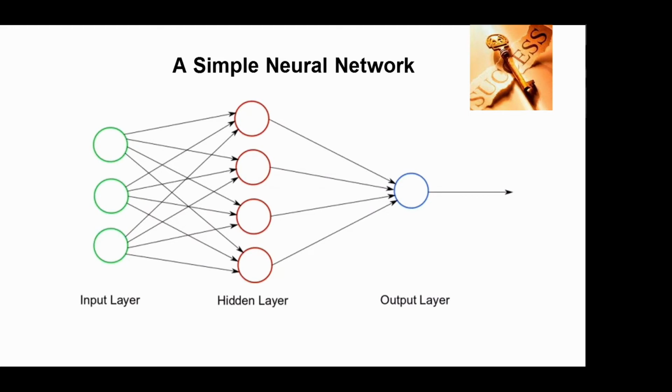If you take 2 hidden layers, maybe the accuracy is 92%. If you increase the number of hidden layers to 3, then maybe the accuracy of your model achieves 94% or 95%. So if you are increasing the number of hidden layers in the neural network architecture, you are going towards a deep neural network architecture.